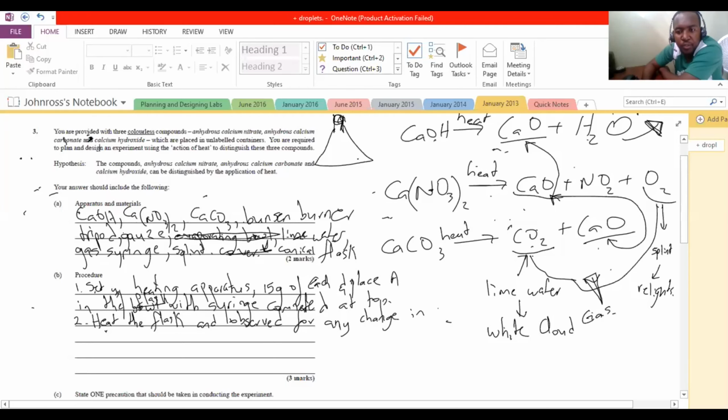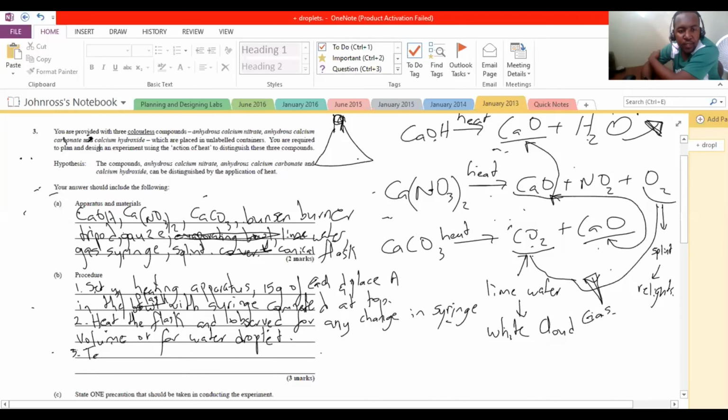If gas is produced, then the syringe will actually change its volume, or look for water droplets. Right? And then you state that if the gas is produced, then we're going to do what? If the syringe changed, then we're going to test for the gas produced.